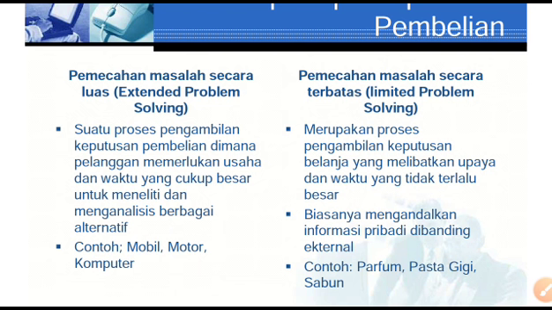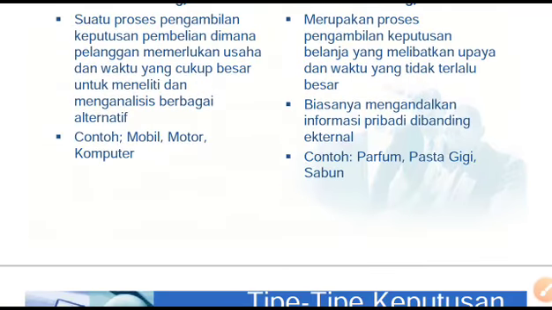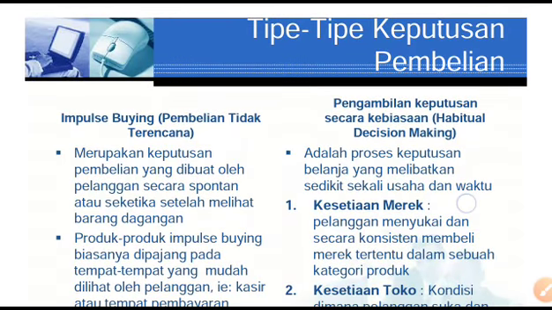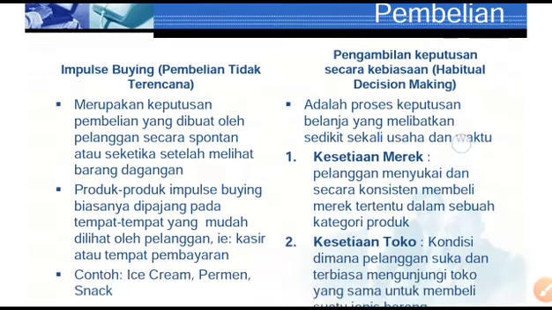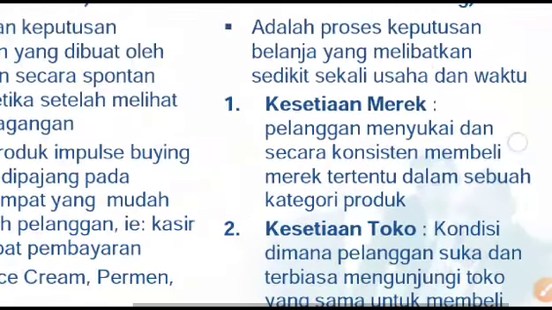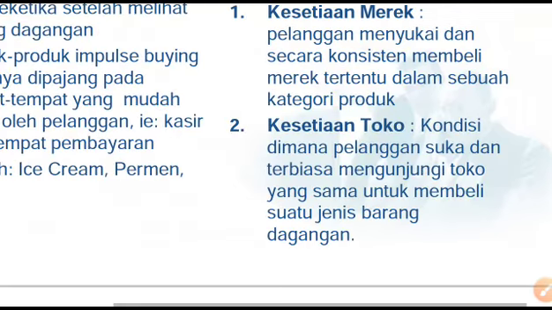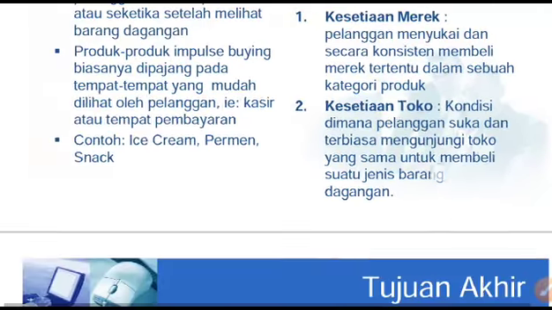So the higher the price, the longer the consumer thinks and considers before they buy the product, yeah. Like if you want to buy a car, you must save much money and think a lot before buying the product. And then the type of decision buying is considered with, first, loyalty to the brand, and loyalty to the store.